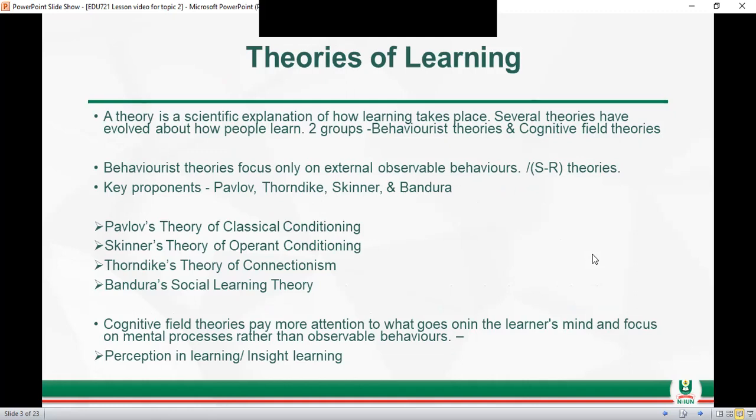In a broad sense, the theories of learning are classified into two major groups: the behaviorist theories and the cognitive field theories. The behaviorist theories focus only on external observable behaviors.